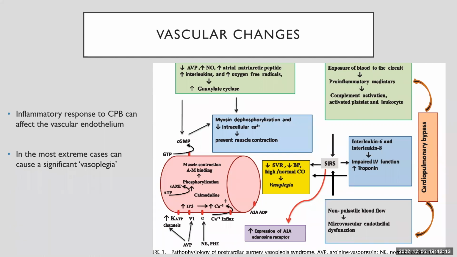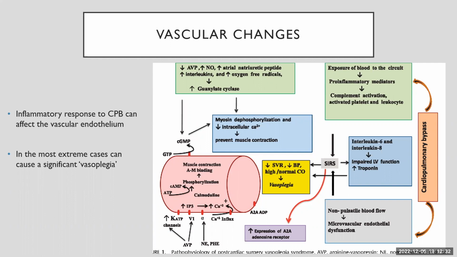And what you can see here is the idea that there is a generalized activation of a variety of mediators that are found within blood, which often leads to vasodilation. And the result of that can be that you need excess fluid in order to maintain the circulation.